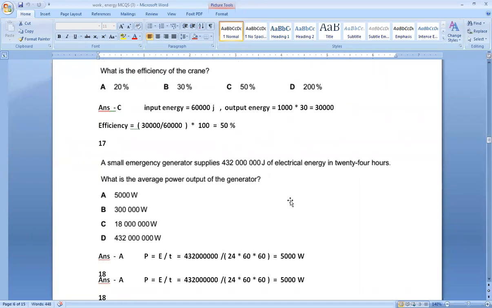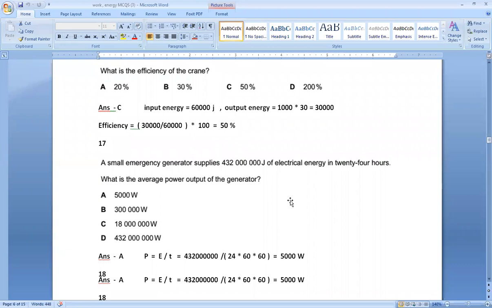Number 17 says a small emergency generator supplies 432 million joules of electrical energy in 24 hours. What is the average power output of the generator? Remember, always use the standard units for any physical quantity.